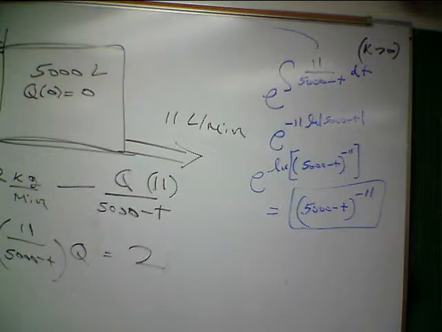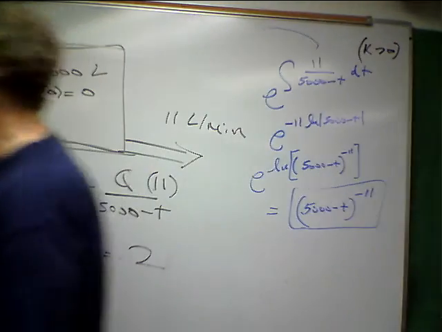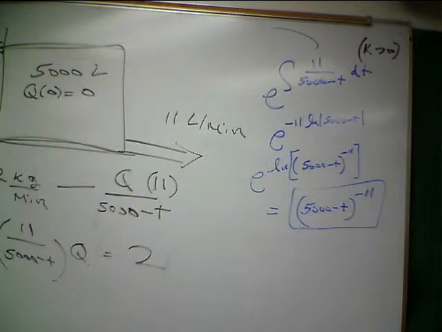Okay? Now we can get the solution from this formula. Because the solution says that we take the integrating factor, multiply it by 2 in this case, which is the g function, and then we divide by the integrating factor.